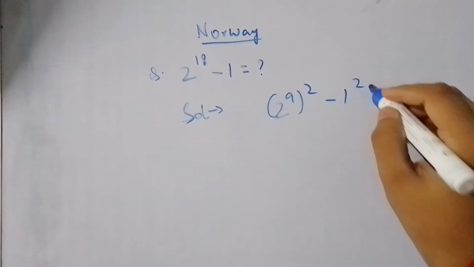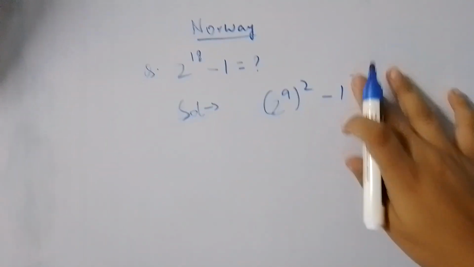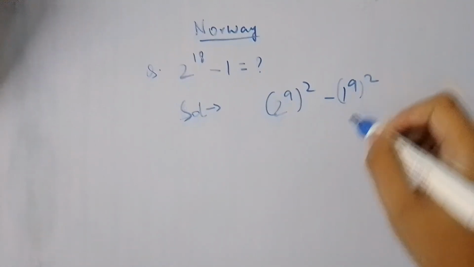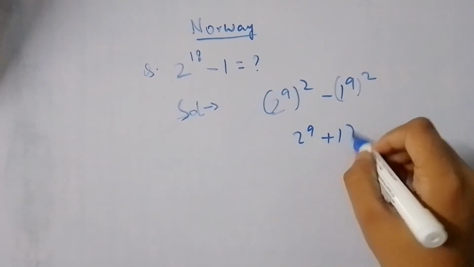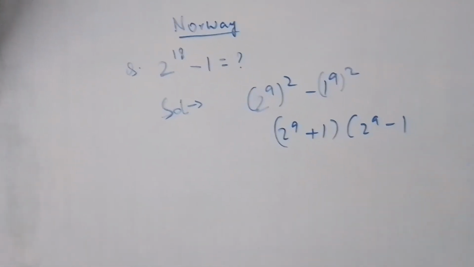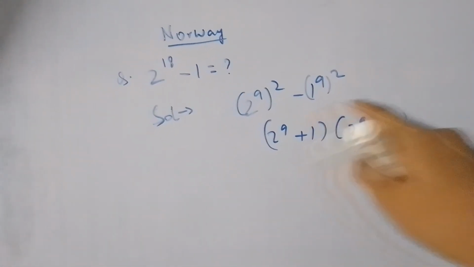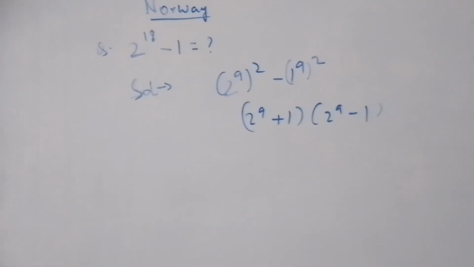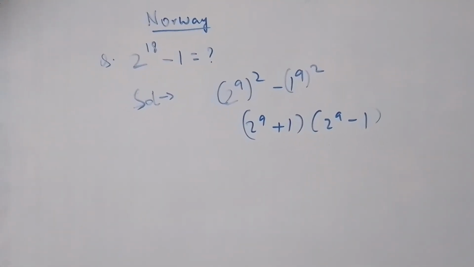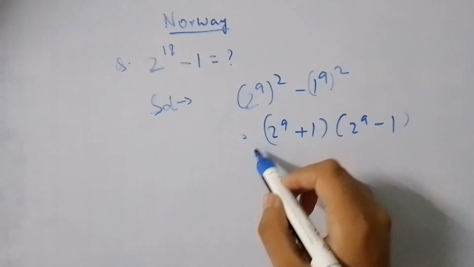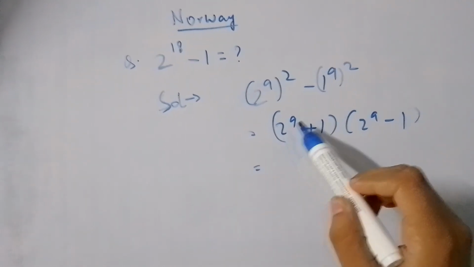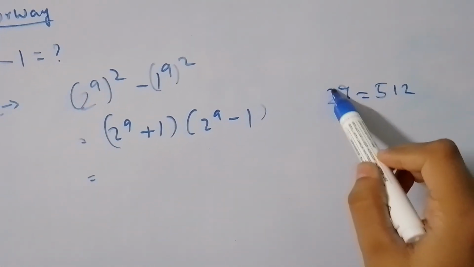So there's 9 over there, but no importance is given to an exponent of 1, so you can write it as it is. Now we know the value of 2 to the power 9 is 512.